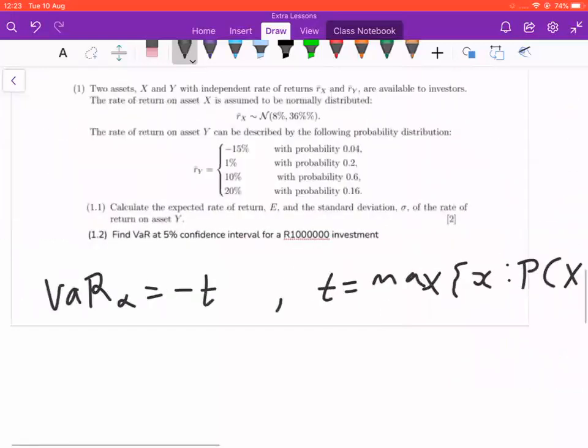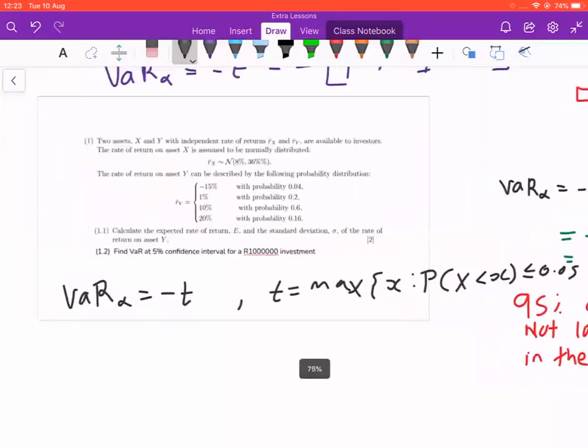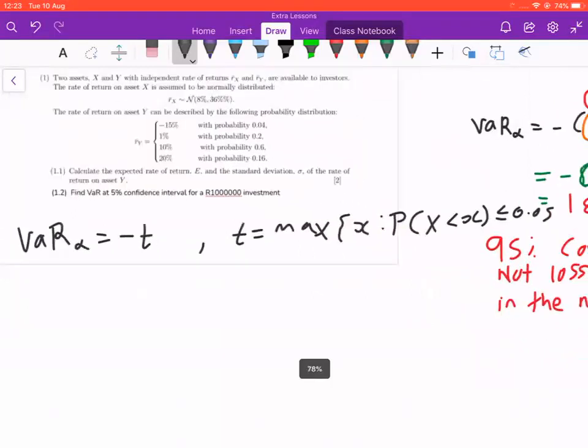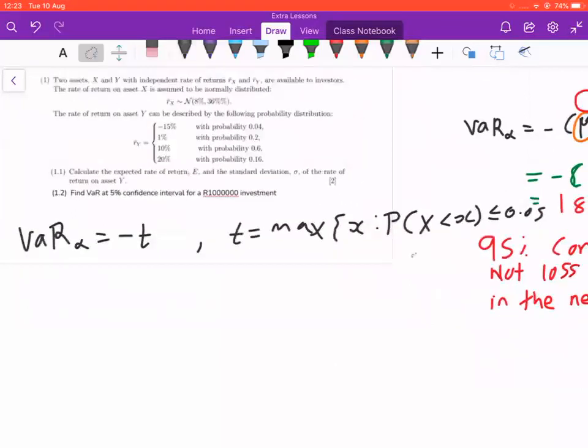Because that's what our confidence interval is. But anyway, it's fine.